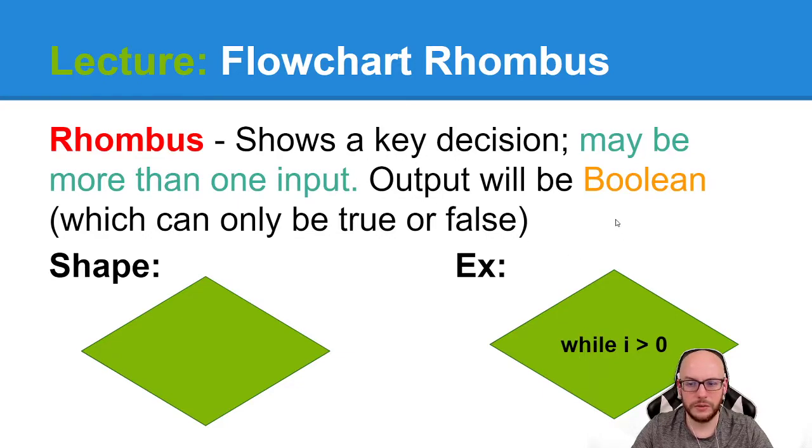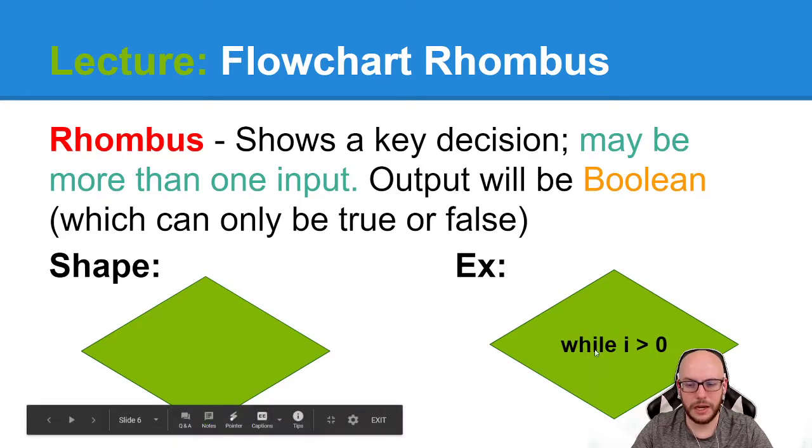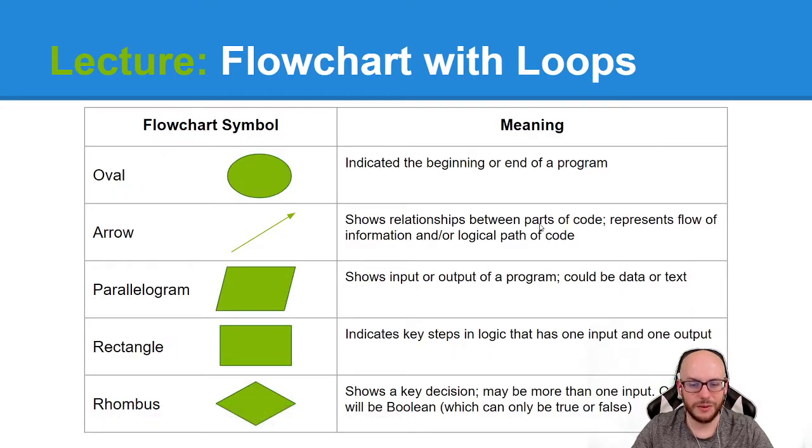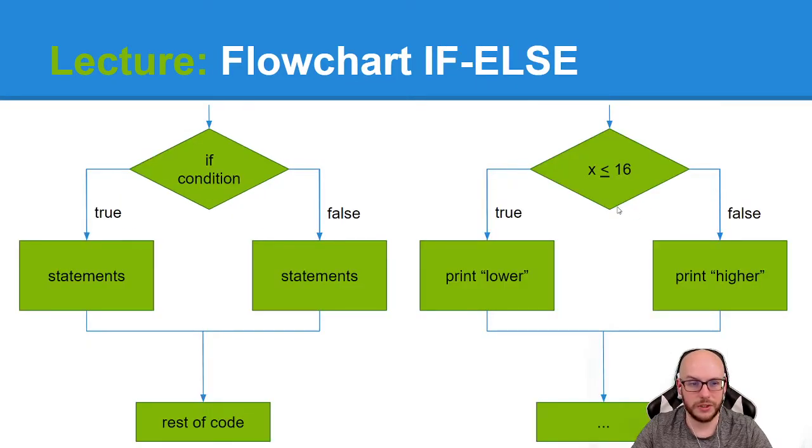It'll have some type of decision, and in most cases we can go left or right. So here's an overview of everything, and I'm speeding past most of this because I think the example is going to be the best explanation.